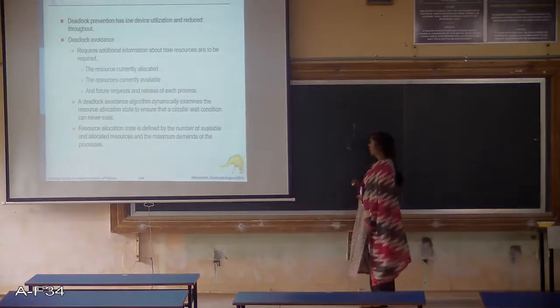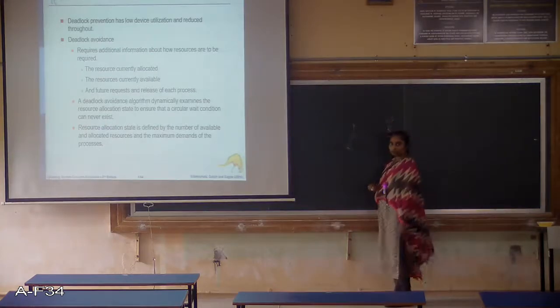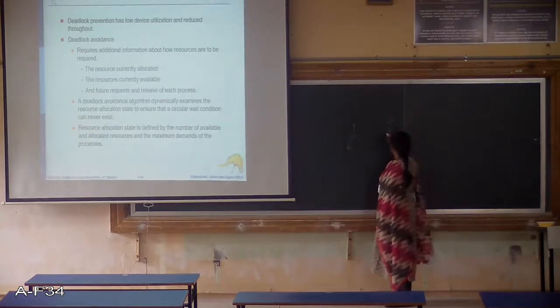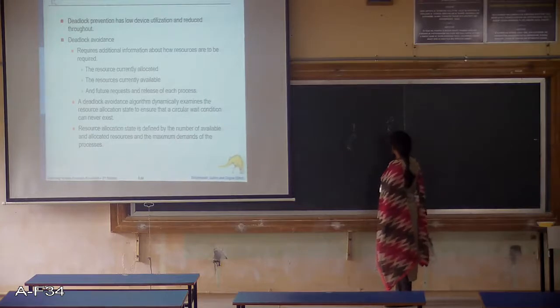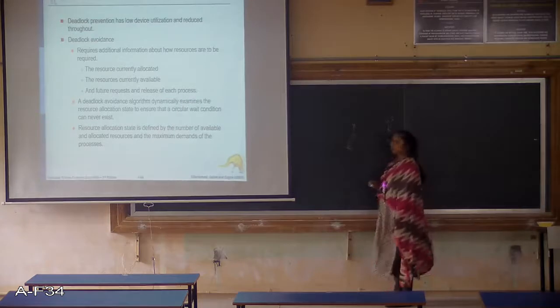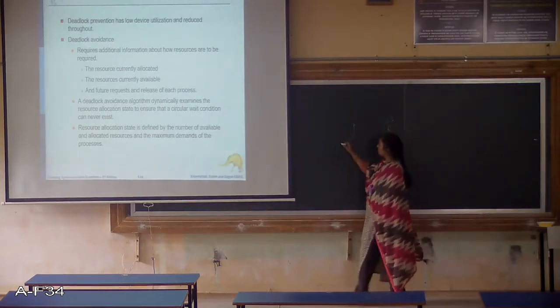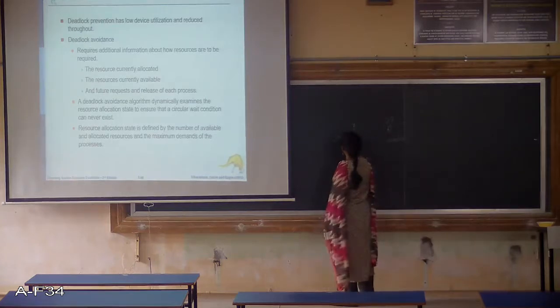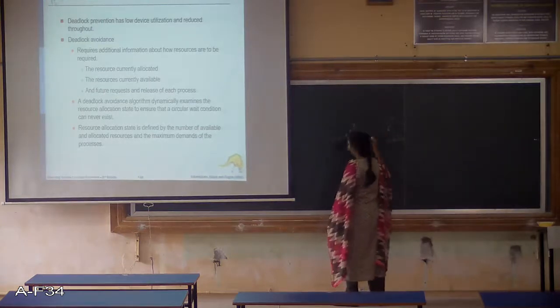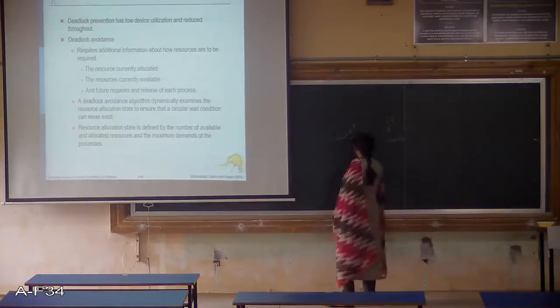Next, the operating system has how many resources? The resources that are there in the system that are available. So this is allocated, this is available, and then you will have what will be the future need.